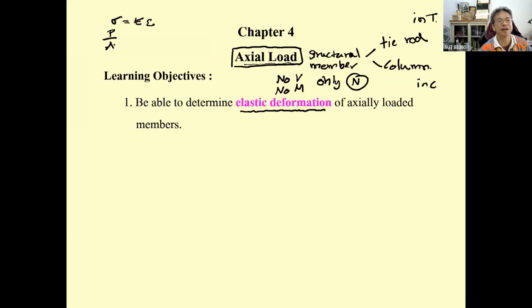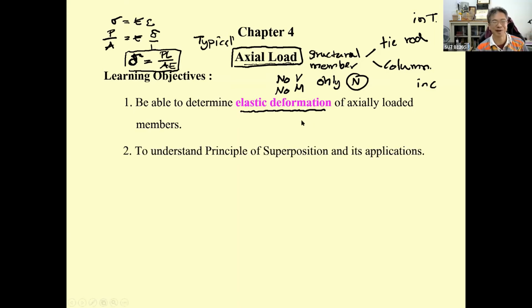So that is going to be force divided by area equal to modulus of elasticity times deformation divided by L. So the elastic deformation, the delta, is going to be PL divided by AE for our typical axially loaded structural member. And that is going to be really simple, right?